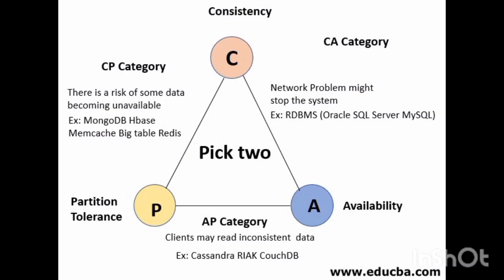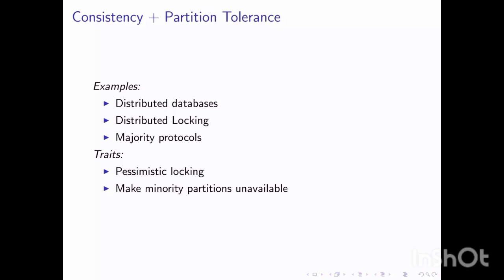So the CAP theorem can combine consistency and partition tolerance. Consistency keeps the data correct, so clients access correct, accurate data, and it can handle network issues through partition tolerance. But with consistency plus partition tolerance, the system may not respond immediately.